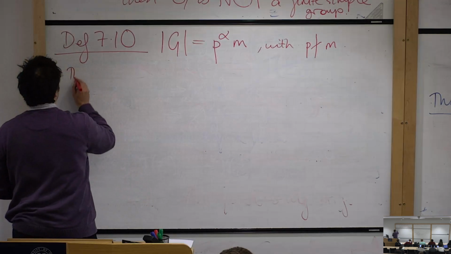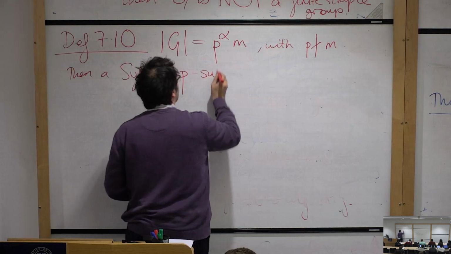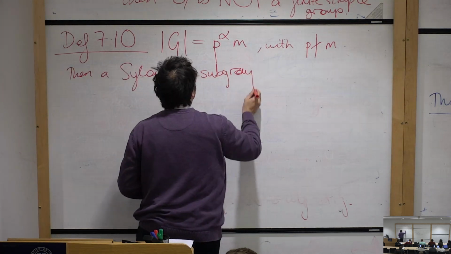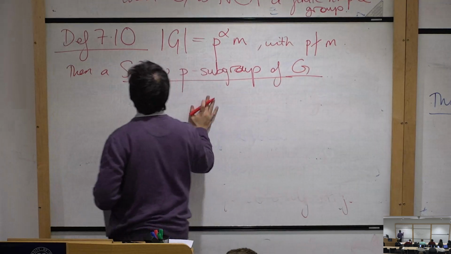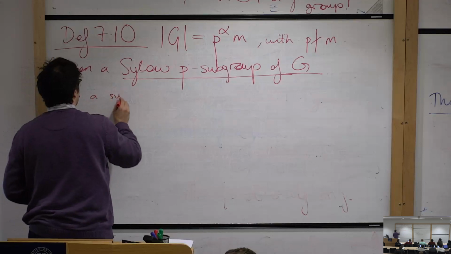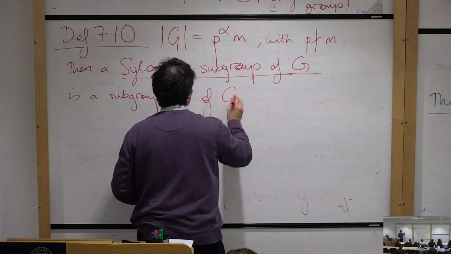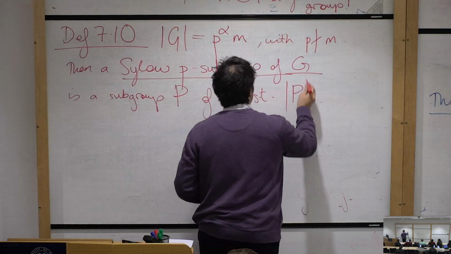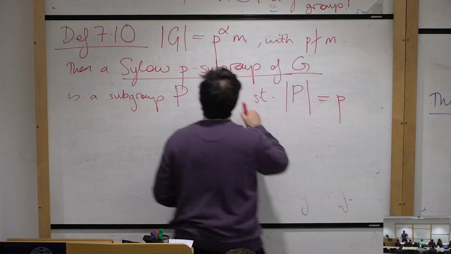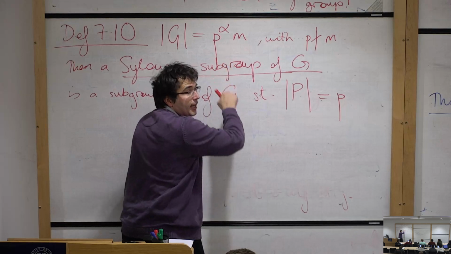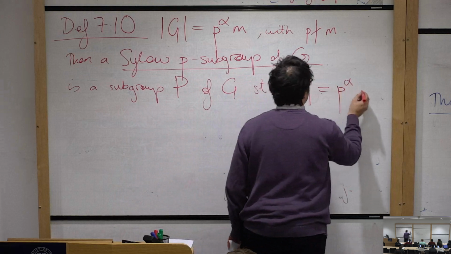Then a Sylow p-subgroup of G is a subgroup P such that the order of P is the maximal possible power of little p allowed by Lagrange's theorem.